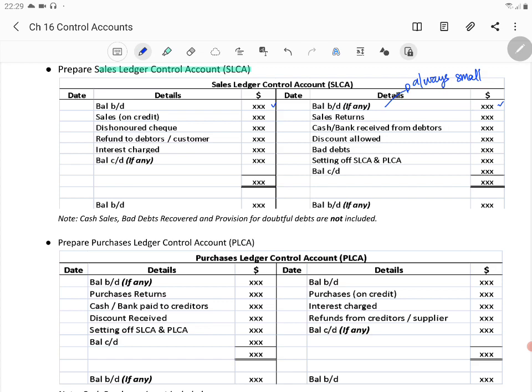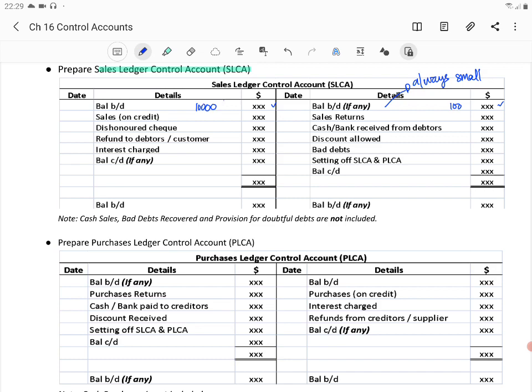For example, the debit side has 10,000, and the credit side maybe only 100. So you can understand by seeing the question: there are two balances and the balances have a big difference in amount, so you know which one is the abnormal and which one is the normal one.